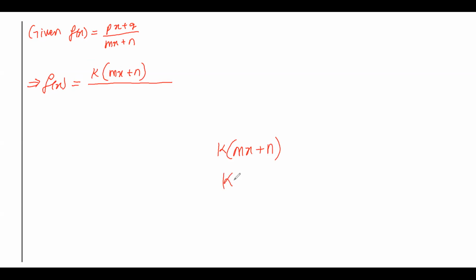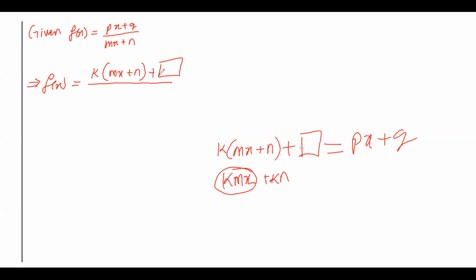When you open this bracket, you get kmx plus kn, right? K is a number, we don't know. But we are particularly interested in the x term. Something will be here again, which we don't know yet. At the end of the day, everything will be px plus q because we cannot change our numerator.